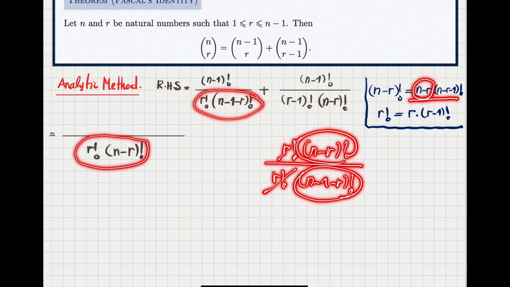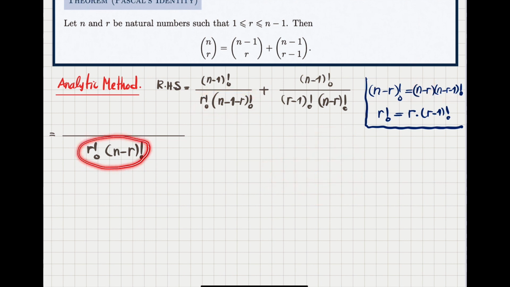Okay? So it means, if you take this to be common denominator, this one divided by that one gives n minus r, and then you have to take it and multiply it to its numerator, yes? So this becomes n minus r times n minus 1 factorial. And then, yes, I have it, so let me make it better. Anyway, plus the next one.